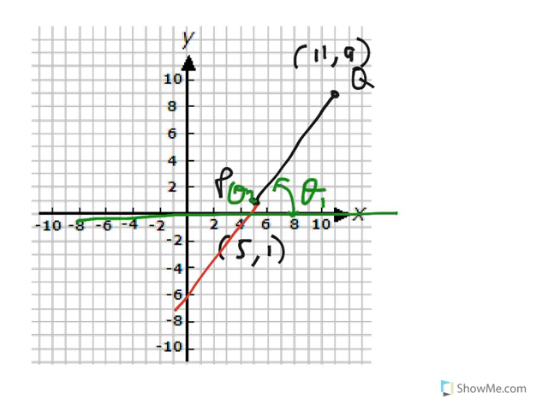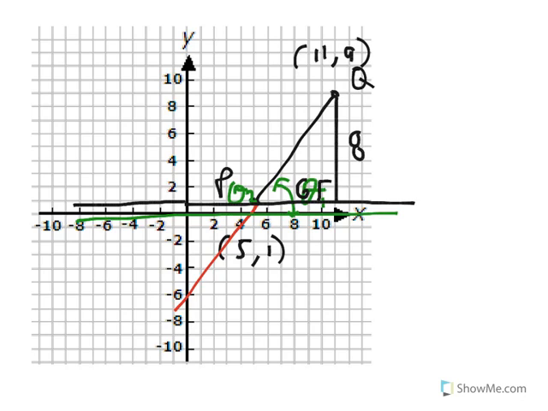Finding these angles is quick. First observation is that this line makes an angle with the horizontal x-axis. Well, it makes the same angle with any horizontal line, and I'll use this one that goes through point P. Because what we have here is the same right triangle we used before with the 8 and the 6, that we used for calculating the length of PQ and also the slope of line segment PQ.